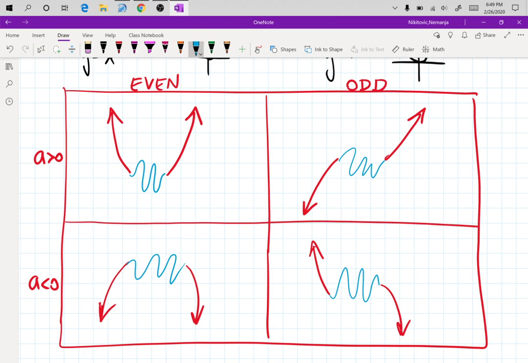Yes? Even and odd is for the highest power. We call it the degree, we call it the order. So the highest power that you have in, so x squared, right? X squared is the biggest one, right?